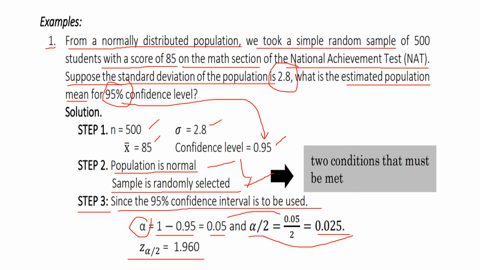And if we know how to compute for the value of alpha over 2, then we can give the value of your critical value by simply memorizing it. There are three most commonly used values: 90, 95, and 99, and their corresponding critical values of C sub alpha over 2.